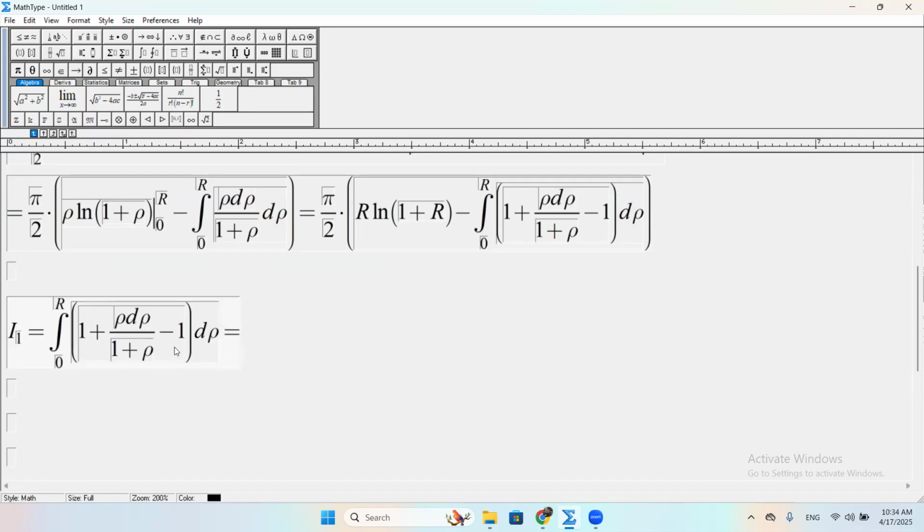So here what I have is minus 1 minus rho, so the following integral will be received.